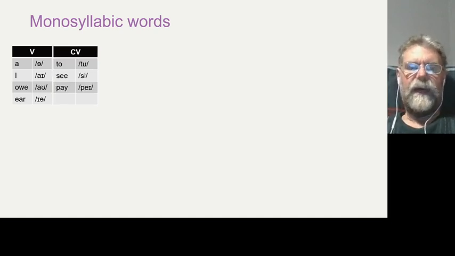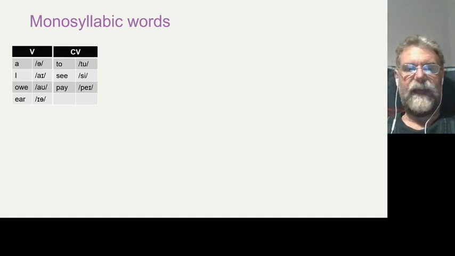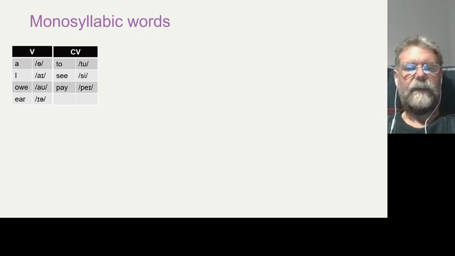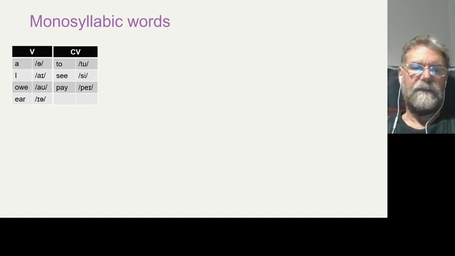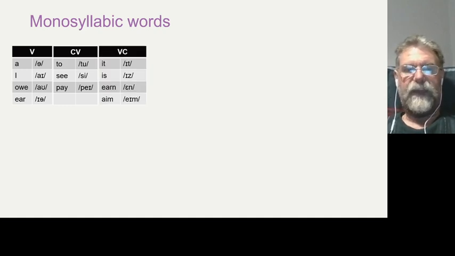Now we can have more things in a syllable, so we can have a consonant in front of the vowel. Words like to and see and pay, for example, where we've got a consonant in front of, say, a long vowel or a diphthong. We can also put them the other way around and have the vowel in front of the consonant.